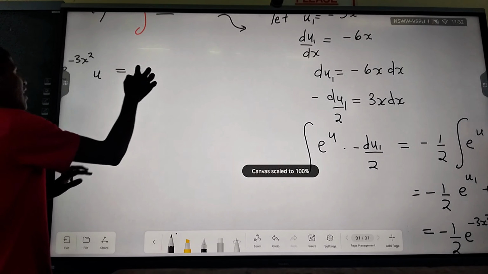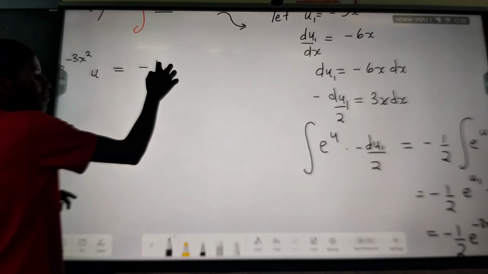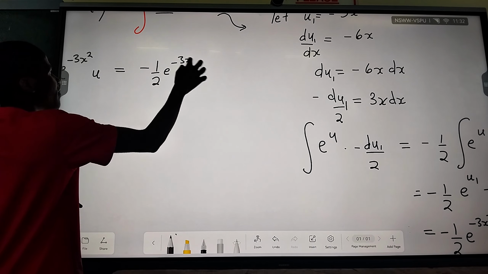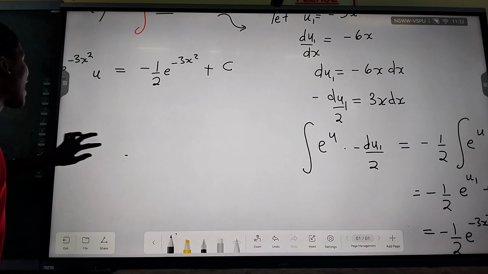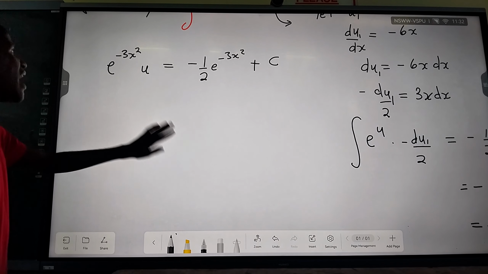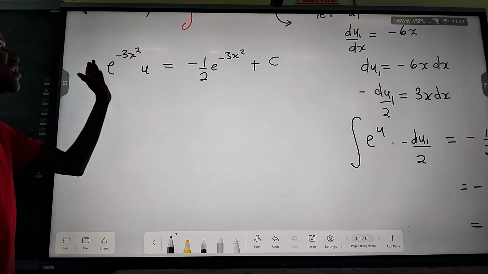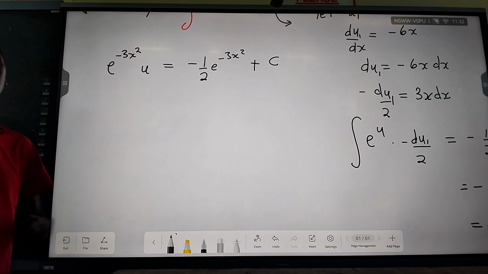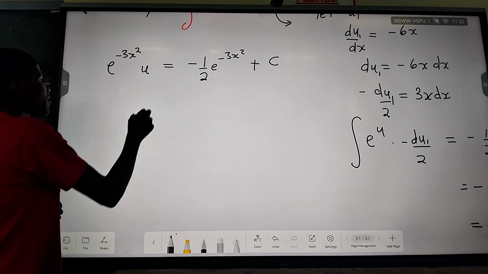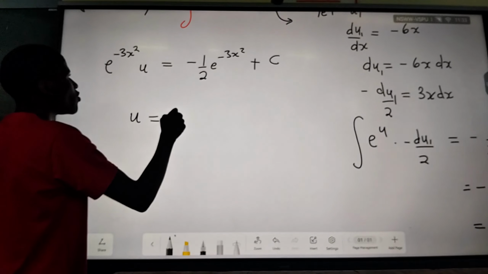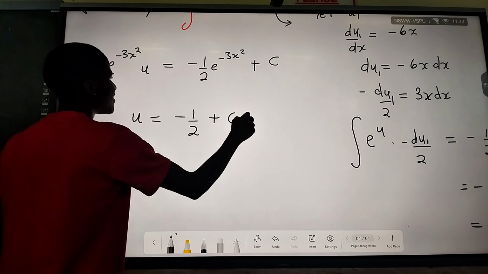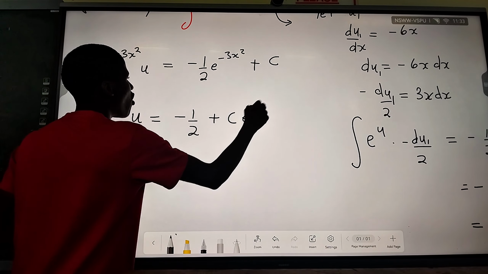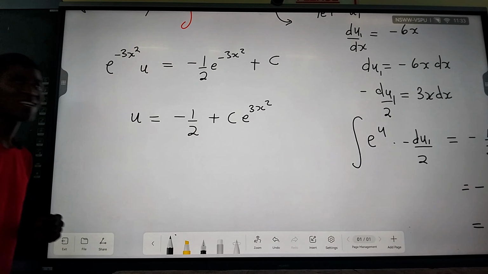So this is negative half e to the power of negative 3x squared plus c. Thola u wakho ke lana, you can be able to get your value of u. How do you get your u here? You divide by what? E to the power negative 3x squared. If I do that, u1 will be minus 1 over 2 plus c e to the power of 3x squared.